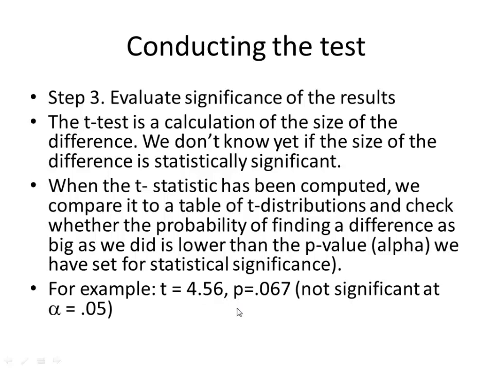We go to our table and we find the probability of finding a difference that large is 0.067. But because we set alpha at 0.05 and 0.067 is larger than the alpha that we set, in this case we would say that the t was not significant at the 0.05 level. So in this case our t-test was not significant. So there was not a significant difference between the 2 groups based on the alpha level that we set.